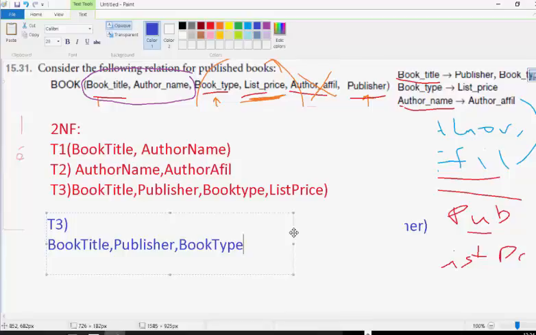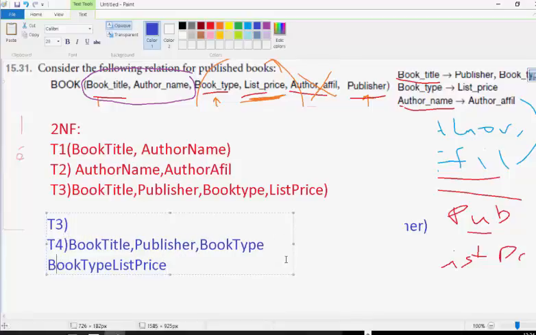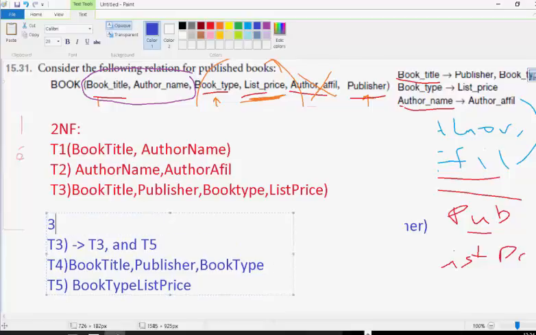That was causing transitivity. So that means I'm going to have T4, which is this. Right. So this is for third normal form. So we've got them.